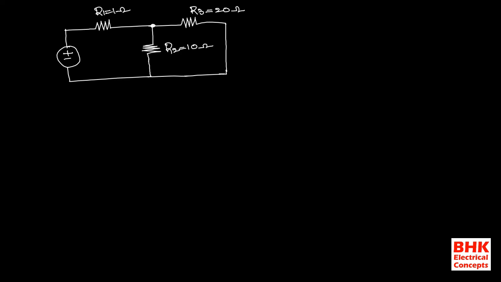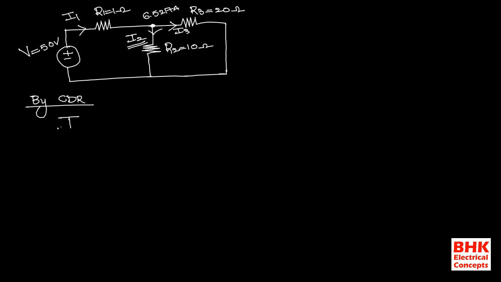And at this point, the value of current available is 6.5217 amps. Clear? Now this one is I1. The applied voltage is 50 volts. Now we need to find the value of I2 and the value of I3. By using the current division rule, we are calling a shortcut as CDR. First we are calculating the value of I2.